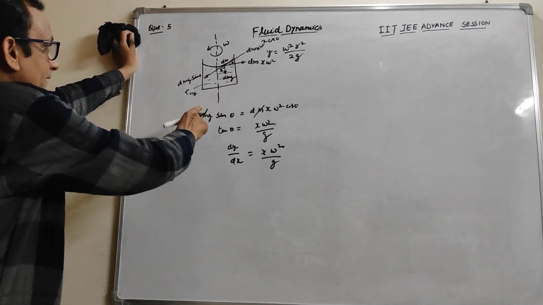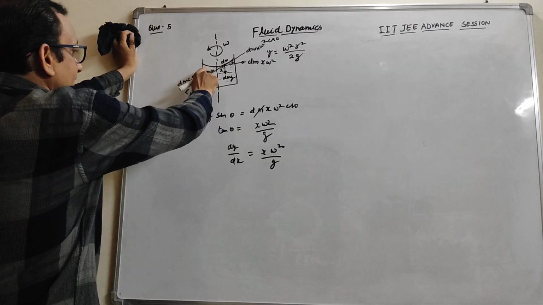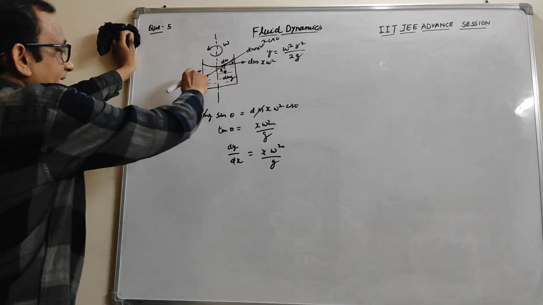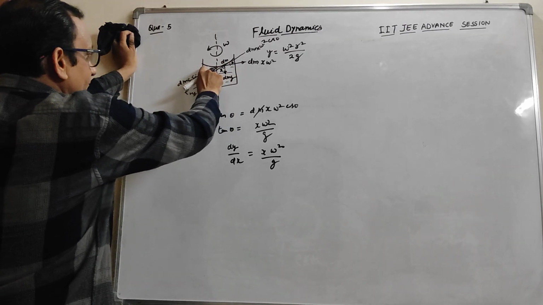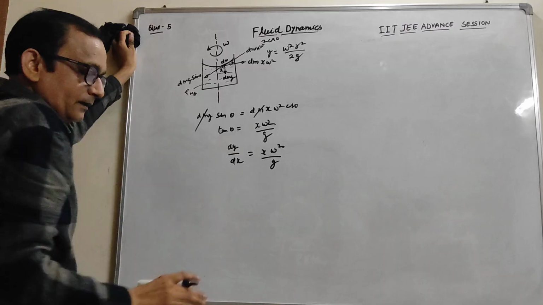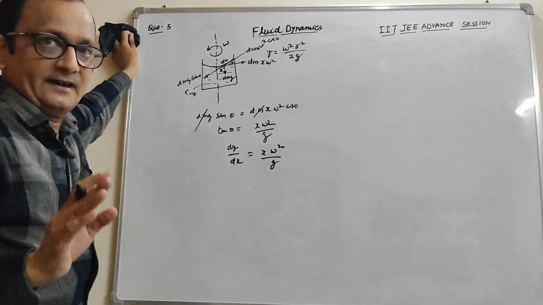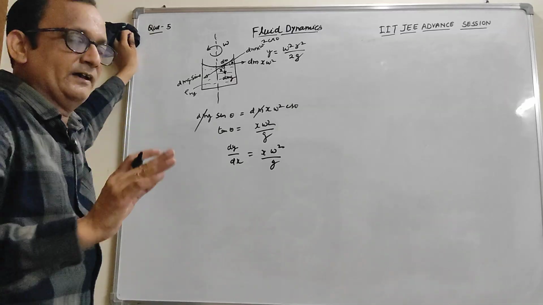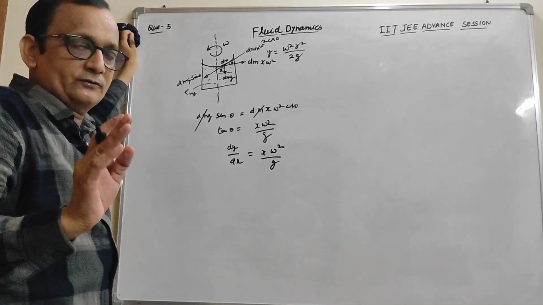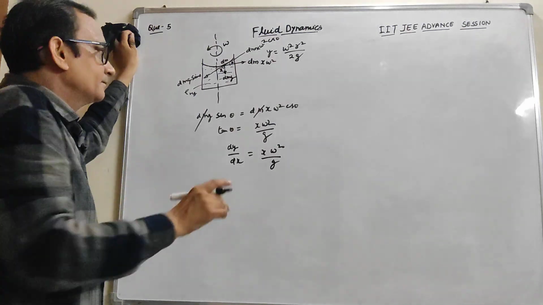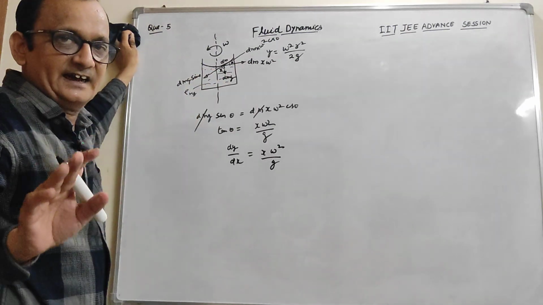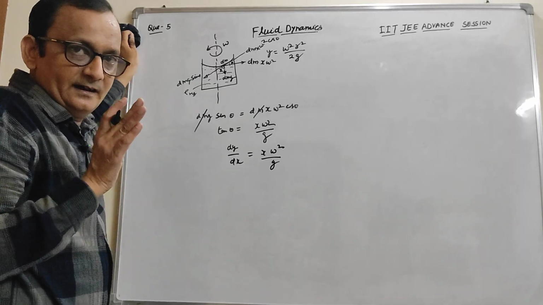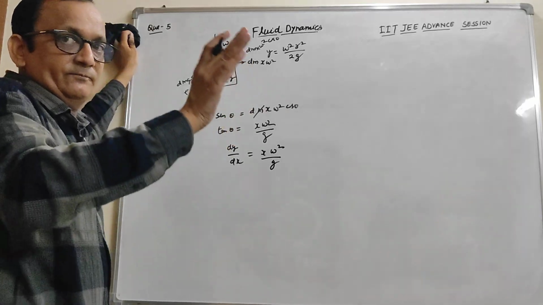The question is saying the parabolic shape is formed. First understand why a parabolic shape is formed on rotating a liquid about a vertical axis with constant angular velocity. Because two types of forces act on the liquid. First is the radial pressure gradient.